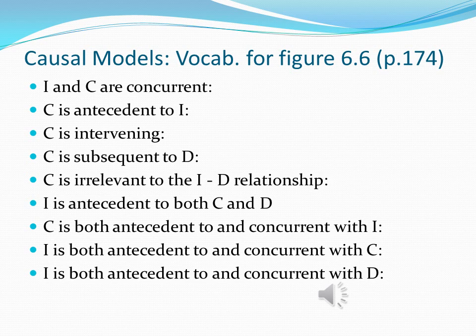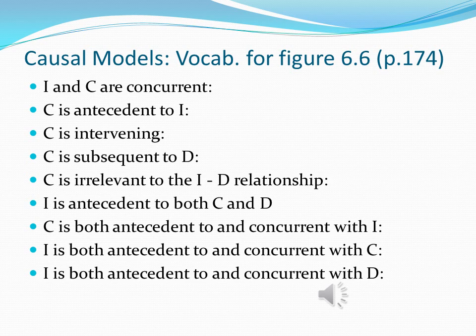Where the next one down, C is intervening. Notice that in this case, the I is the first one, it's the antecedent. And the C is intervening, it's the middle one before it goes to D. And for the next one down, where it says C is subsequent to D, that means that D occurs first.